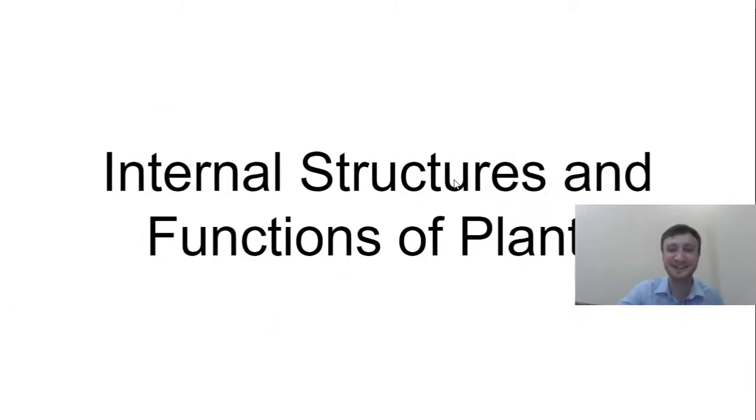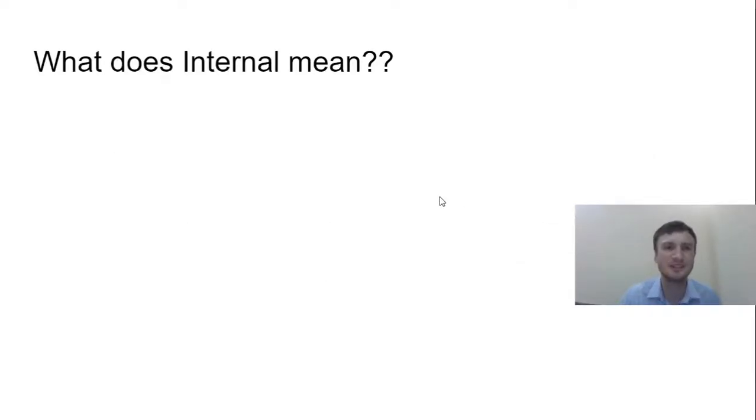Okay, so internal structures and functions of plants. So what does internal mean? Can anyone tell me? What does internal mean? Internal means inside something. Okay. So what's the opposite?